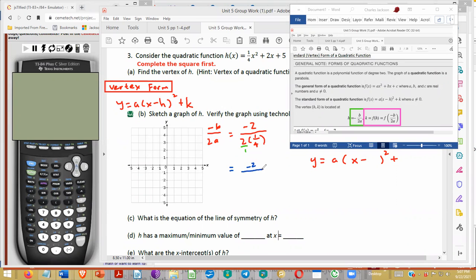Negative 2 over 2 over 4, which is negative 2, which is itself over 1, divided by 2 over 4, which is negative 2 over 1 times the reciprocal, 4 over 2, which is negative 8 over 2, which is negative 4.